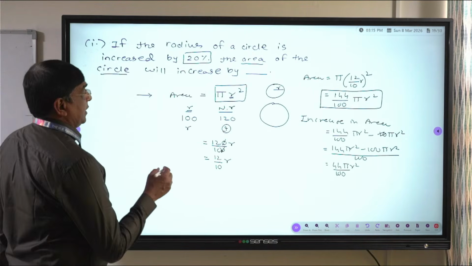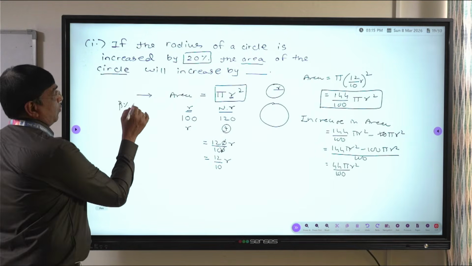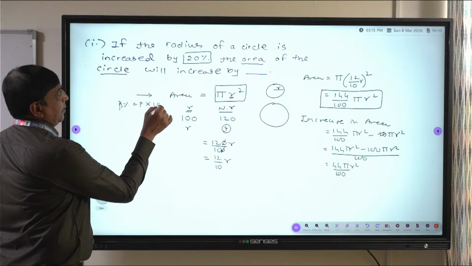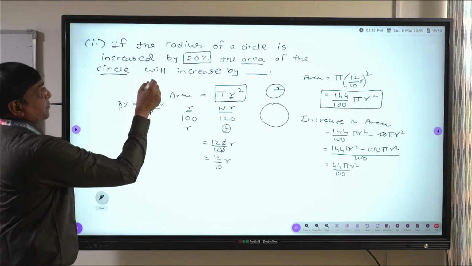Now you know that in lower standards, profit percent is profit into 100 upon CP. Similarly, we have to find the increase percent.